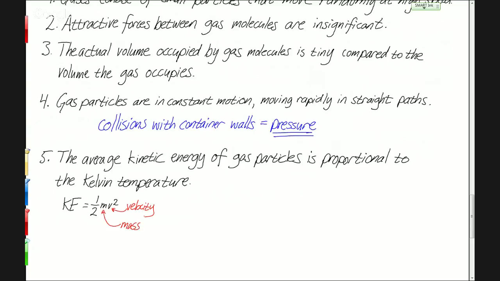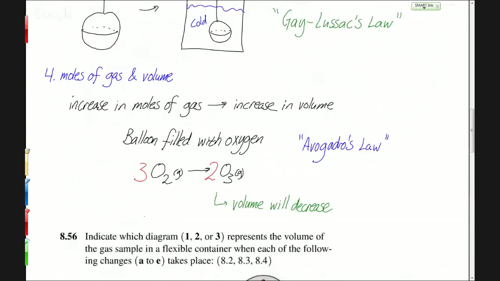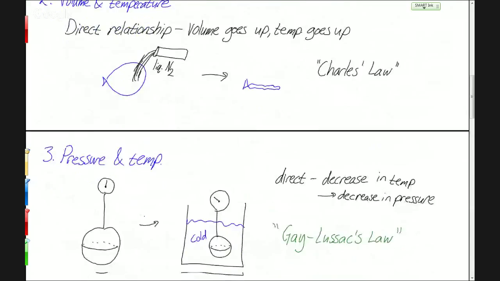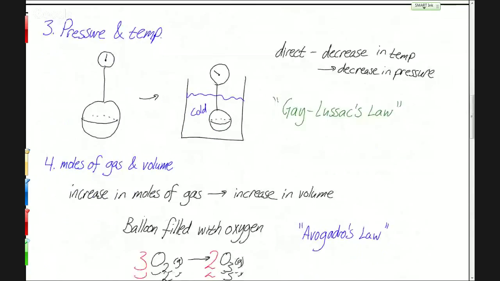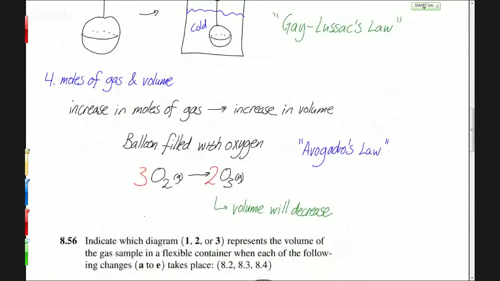Okay. We can think about this with any of those relationships, like the last one, Avogadro's law, that we talked about. Increase in moles of gas leads to an increase in volume. So you put in more gas particles, the volume increases.